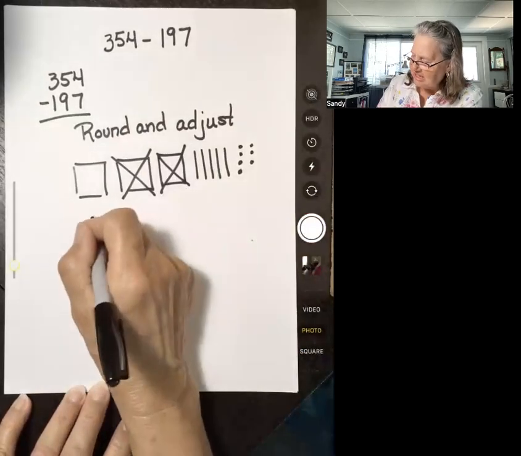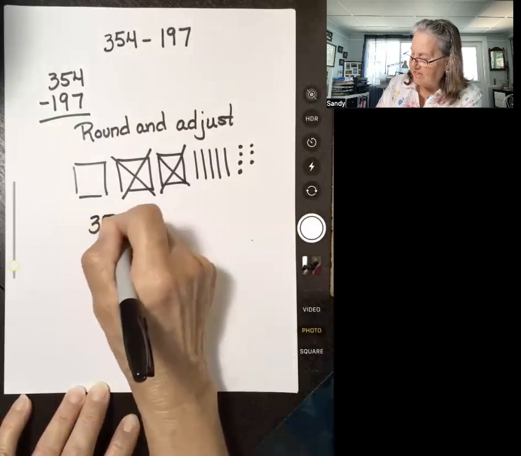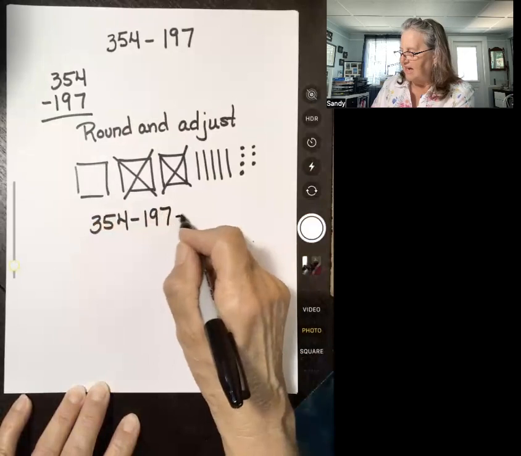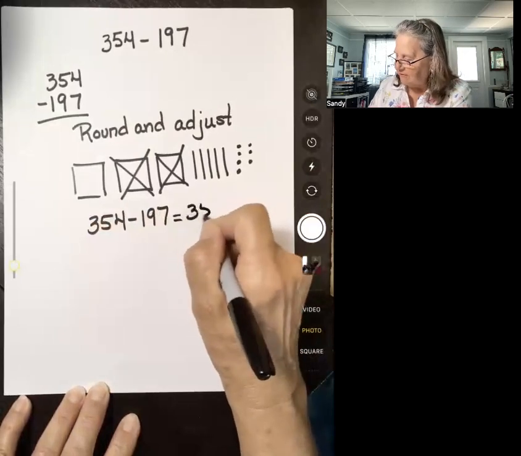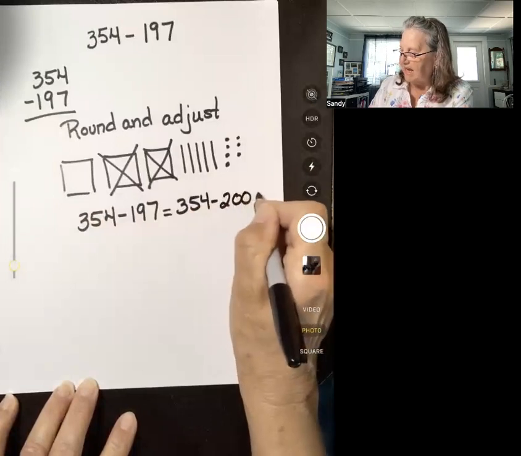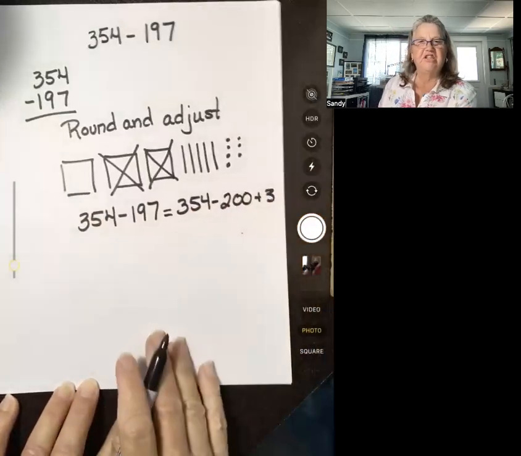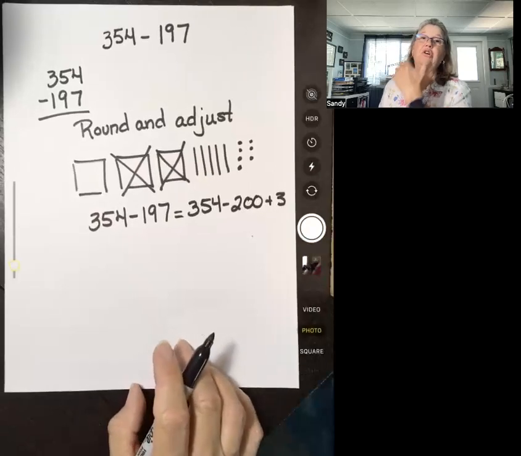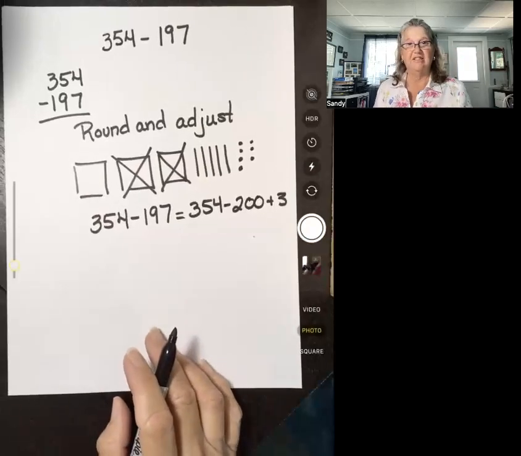So essentially, that's that strategy. I think of this as 354, remove 200, but I have to give back 3. I have to adjust because I removed too many. Okay? So round and adjust.